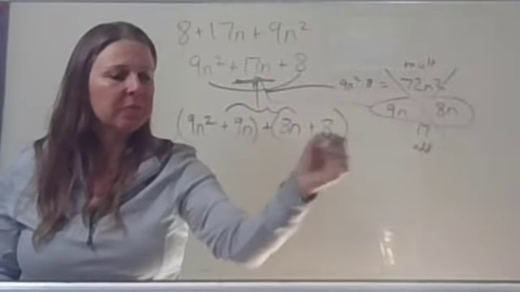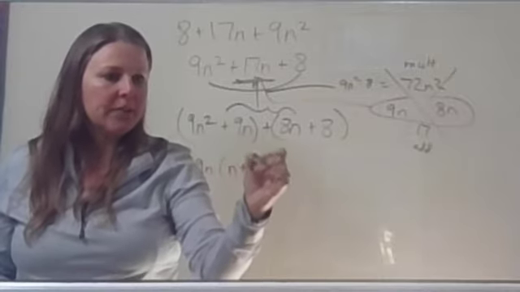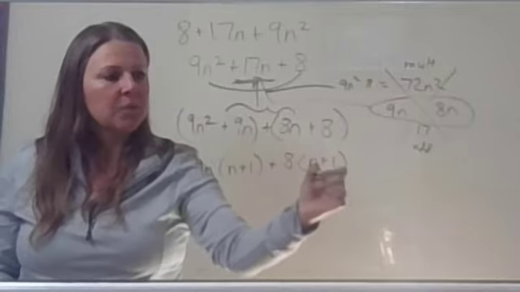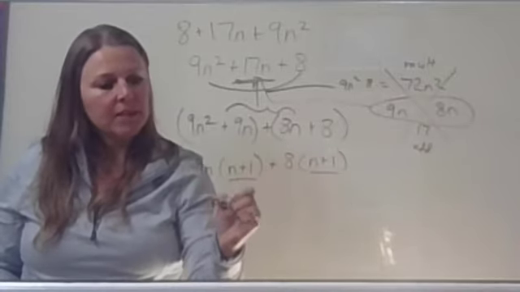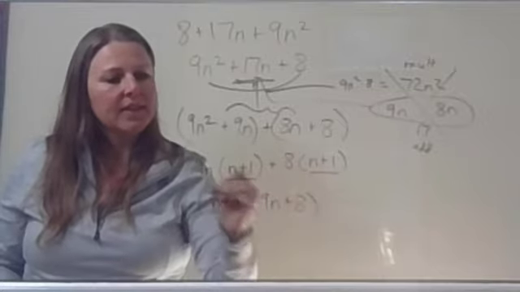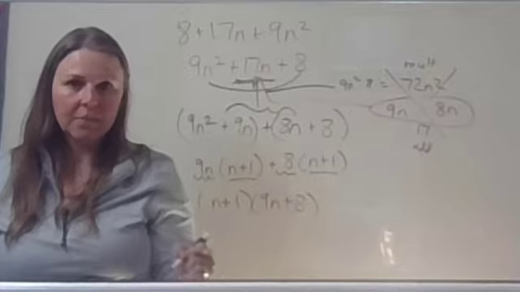Grouping the first two and grouping the last two, 9n is the greatest common factor, n plus 1 is left over, and taking the 8 out here with an n plus 1 left over. So the n plus 1 comes out as the common factor, and the 9n plus 8 is what is left in the second parentheses.